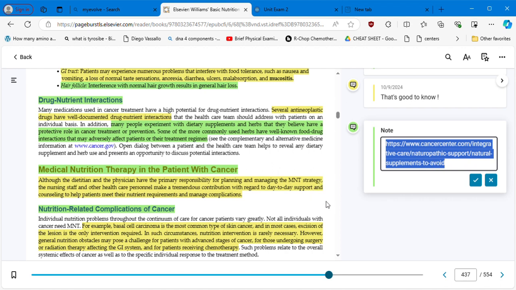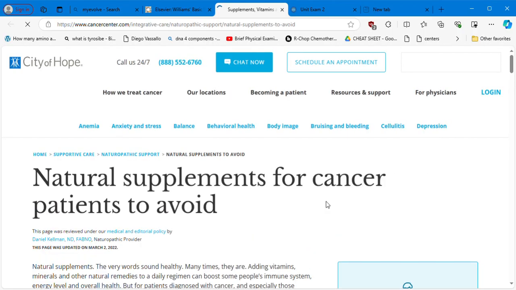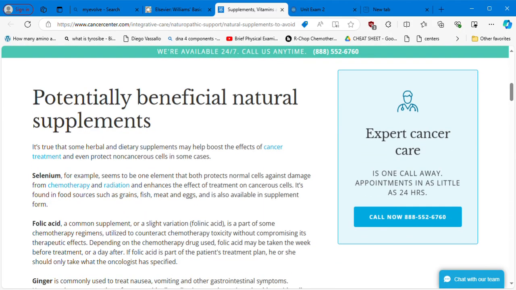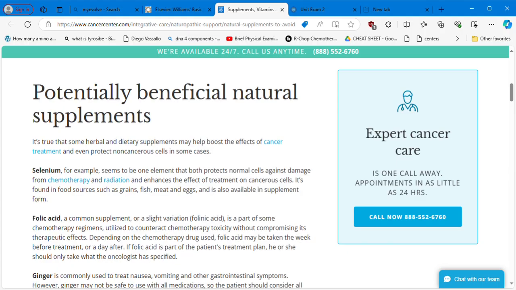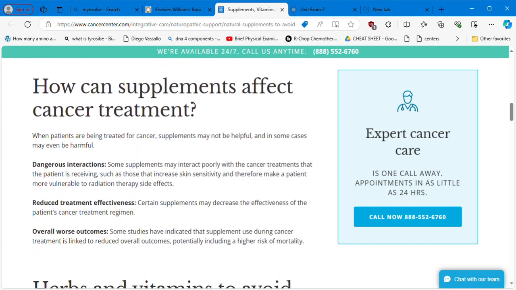cancercenter.com. So I would like you to go and review these natural supplements for cancer patients to avoid. Potentially beneficial natural supplements like selenium, folic acid, ginger, right? How can supplements affect cancer treatment? Here is the interaction.